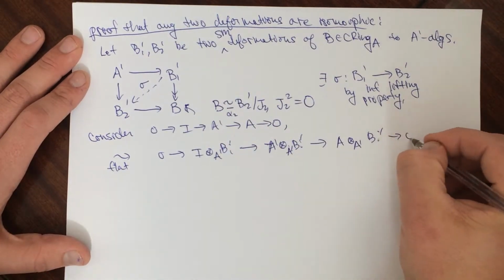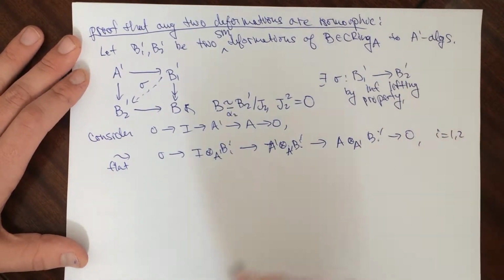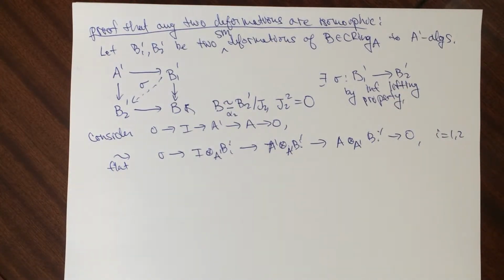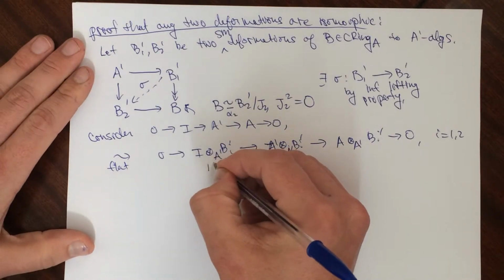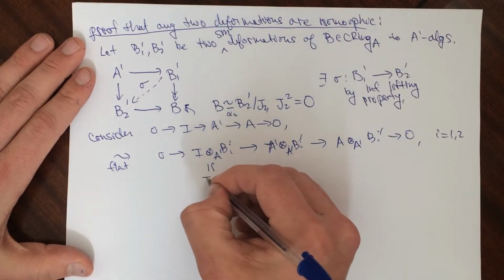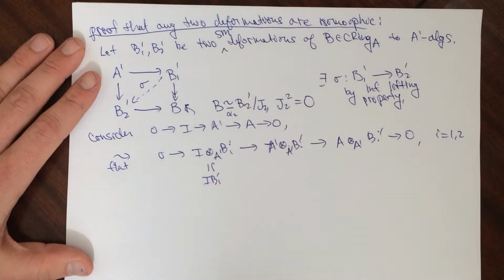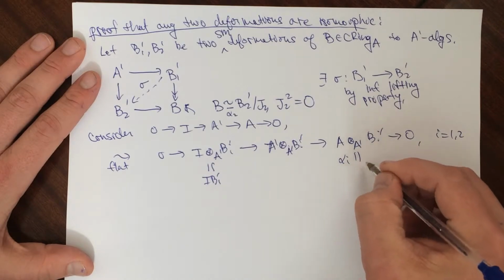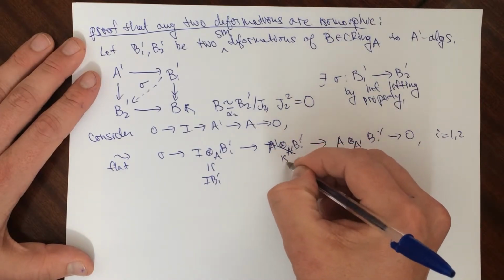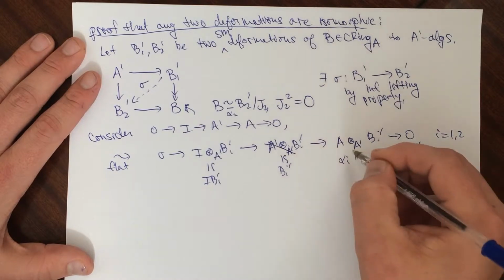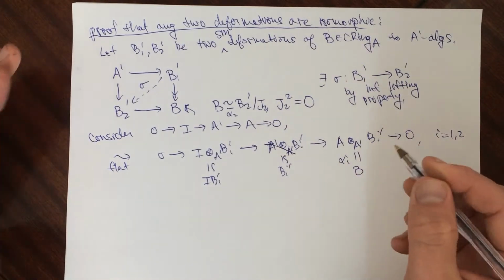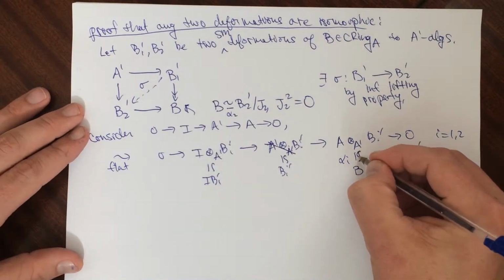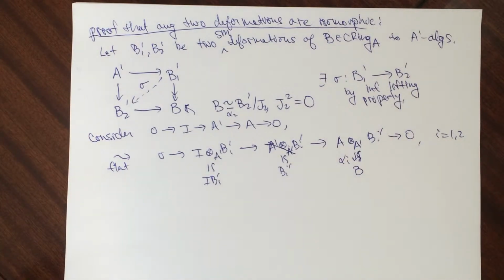Okay, so we have this new exact sequence for both of these. This thing here is just isomorphic to I Bi prime, and by alpha i these cancel, so this is isomorphic to B. Well, not canonically; part of the deformation data is that we have an isomorphism to B. So we have both of these things.